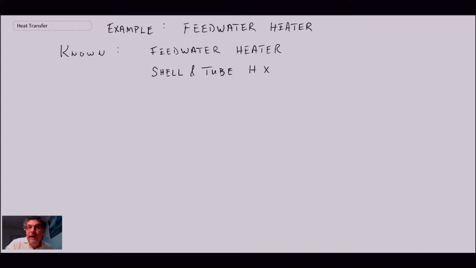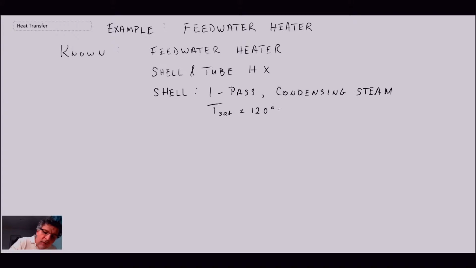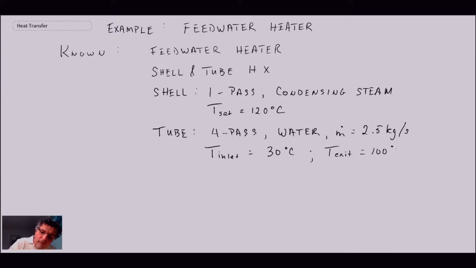We're told that it's a shell and tube heat exchanger, and we're given information for both the shell and the tube. For the shell side, we're told that it is a one pass, and the fluid going through on the shell side is condensing steam with a saturation temperature of 120 degrees C. And then for the tube, the other thing that we're given is the overall heat transfer coefficient.